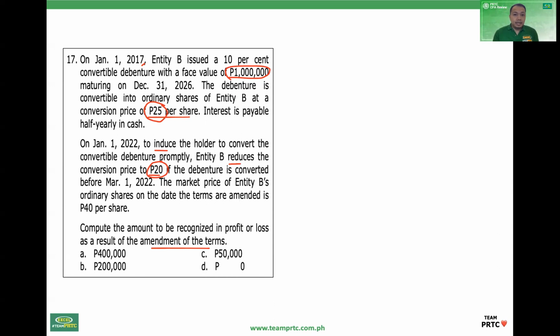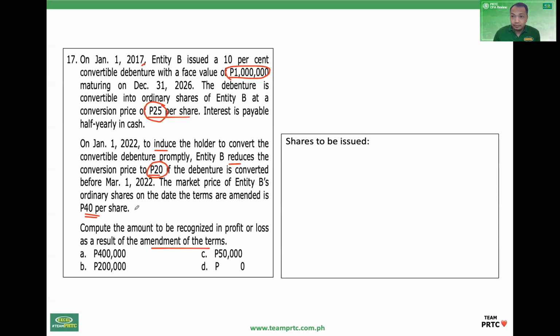Okay? Now, magkano yung market price of the shares on that date? 40. Okay? So, let's consider the effect of the amendment on the number of shares to be issued. Under the amended terms, 1 million divide by 20. So, dahil nireduce to 20, under the amended terms, ang shares to be issued, 50,000 na.